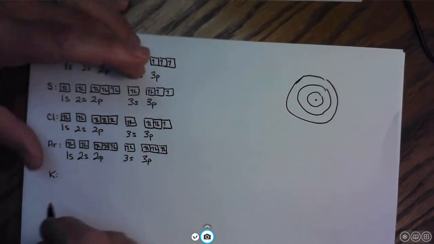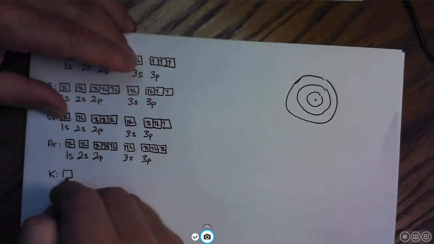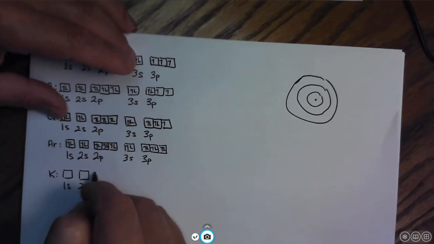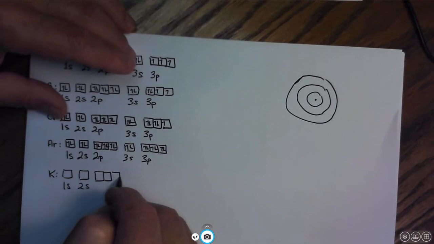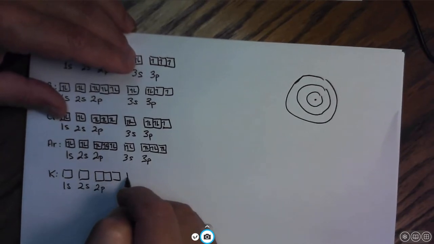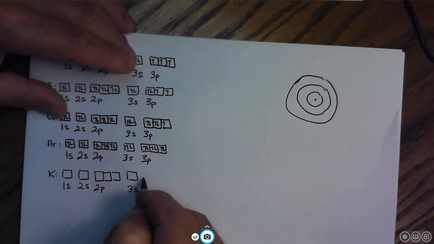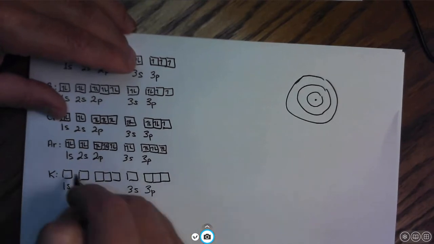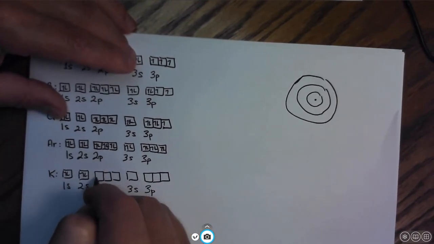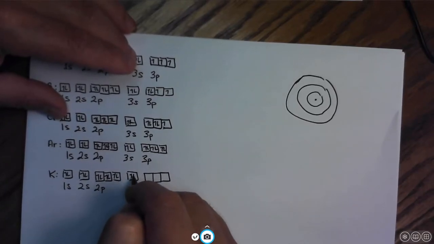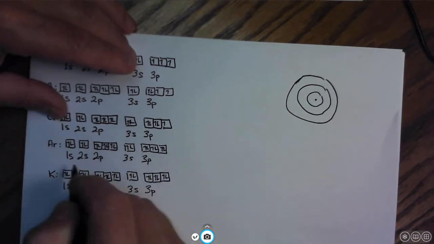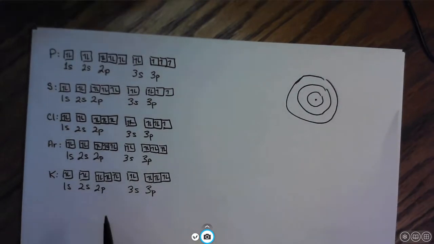Actually, I'll keep doing it vertically. And so this is the orbital notation for argon, and potassium is going to have one more electron.